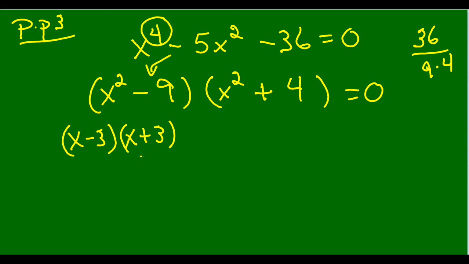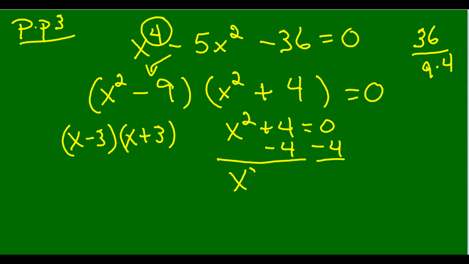Okay, and then this binomial here now I can still factor because I've got the square root property, and even though it'll be negative under the radical sign, it's okay because I know I've got the i that I can factor with. So in this one here, if I've got x squared plus 4 equals 0, I'm going to subtract 4 first.